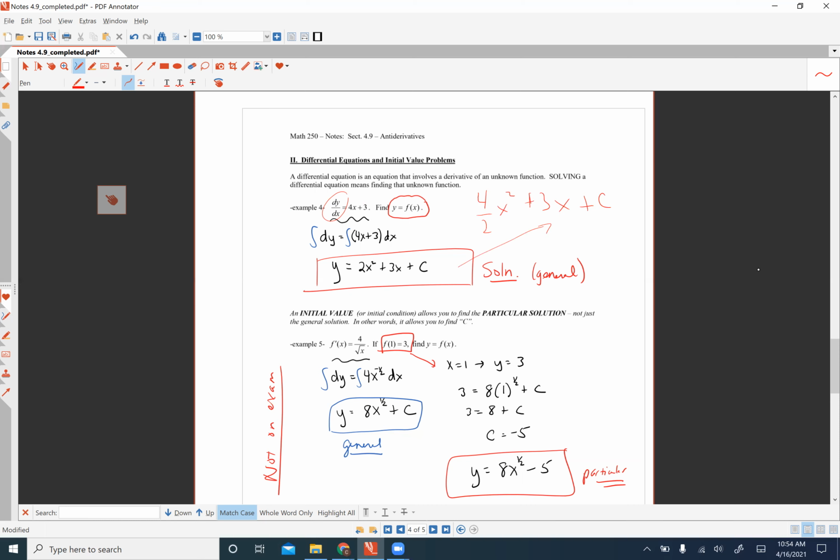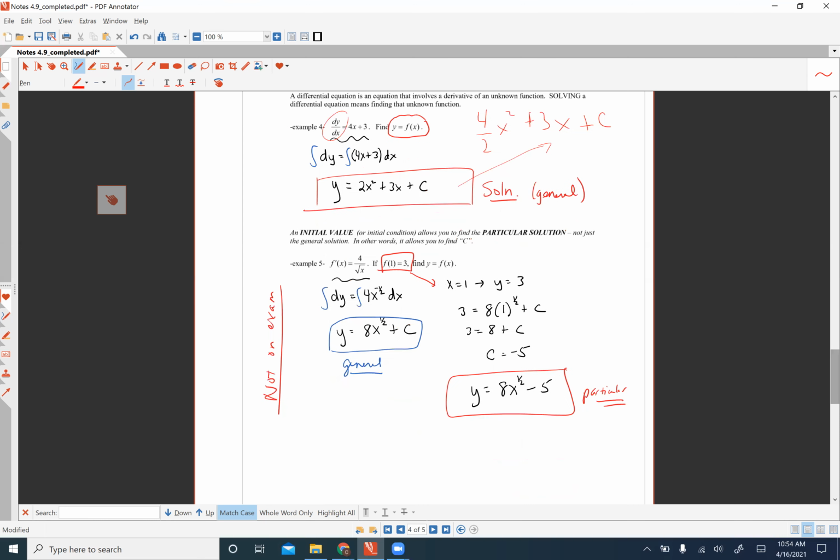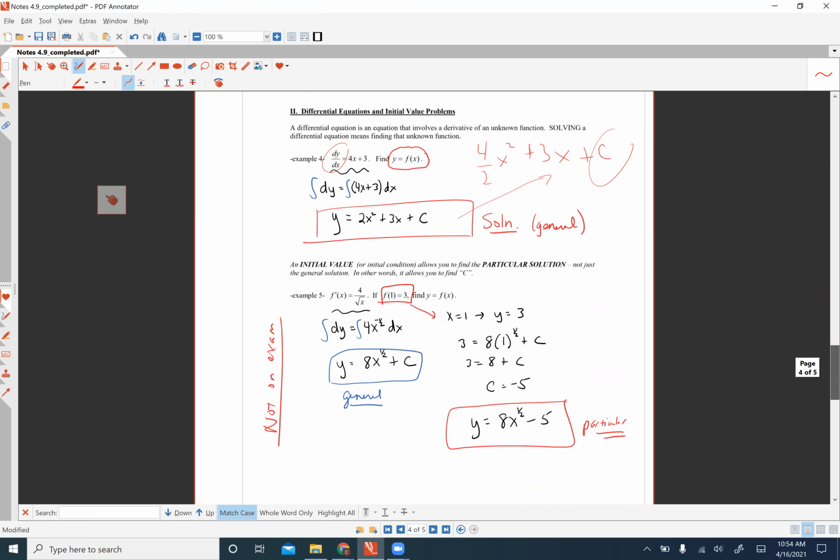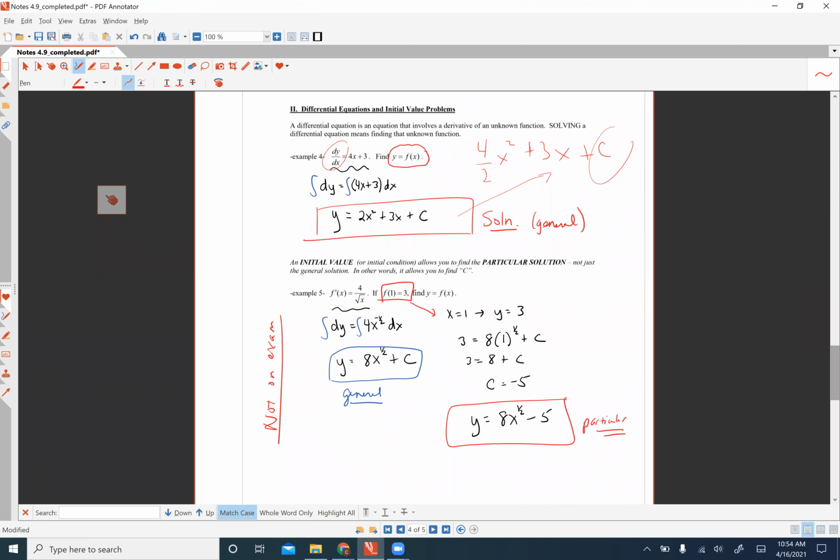Okay, so here's another one. That first one is just a differential equation where we keep the constant in there. Now there's something called initial value problems, where we state the antiderivative by giving its value at a certain point. So let's say we want to solve this differential equation.